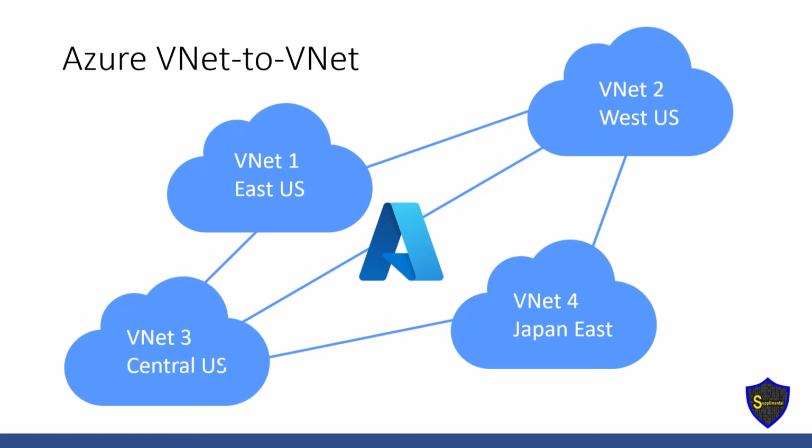VNet-to-VNet connections support multi-region deployments, disaster recovery setups, and cross-tenant collaboration by securely linking virtual networks across different Azure regions. This feature is valuable for organizations seeking to create a cohesive and secure network architecture within the Azure cloud environment, supporting diverse workloads and deployment requirements.